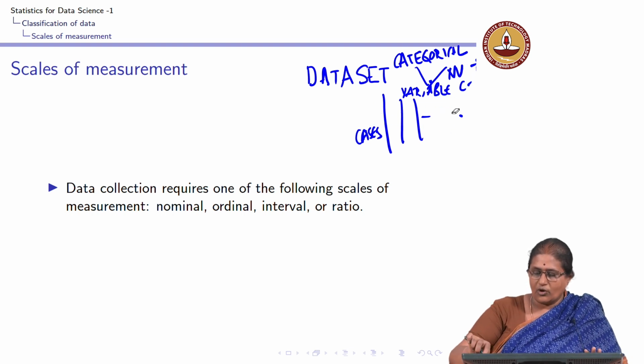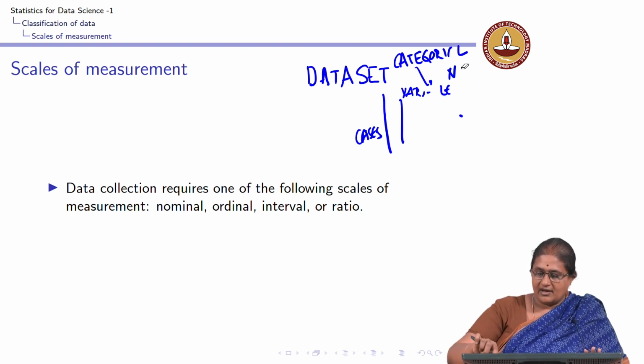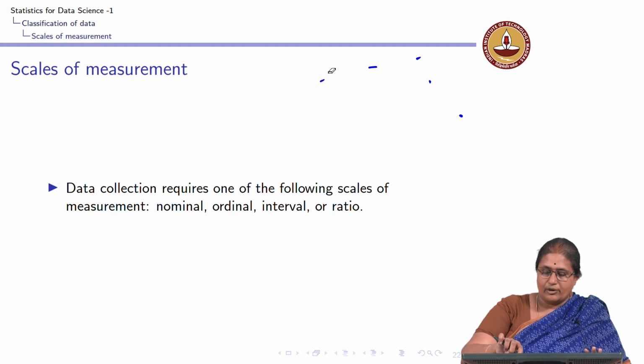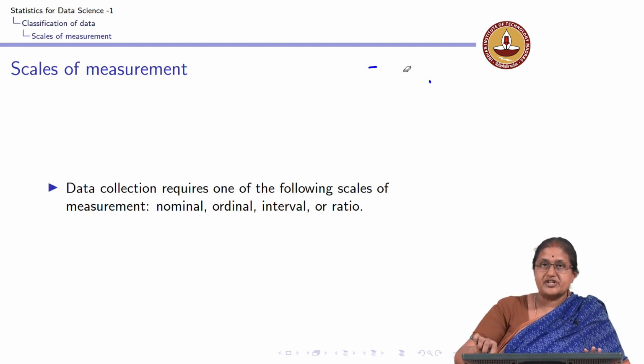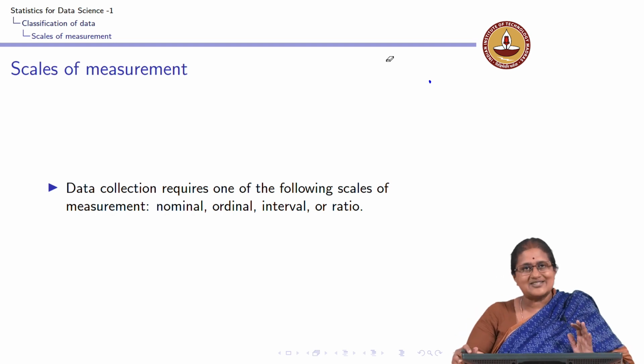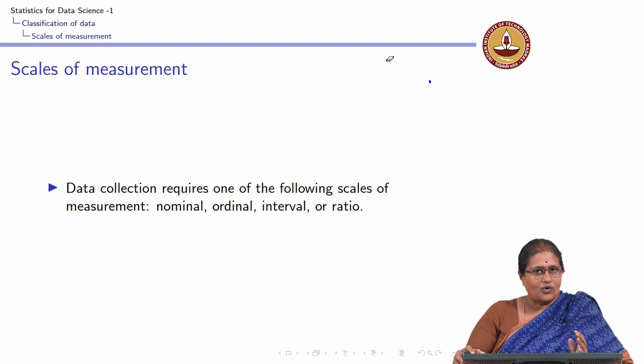Now, what do we want to do next? Now, we again examine each of our variables in greater detail, because if you look at the definition of statistics which we gave earlier, it said that you want to learn from data. Now, when I want to learn from data, the immediate thing is I want to see whether I can summarize this data.